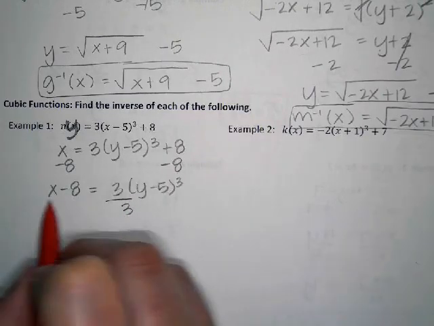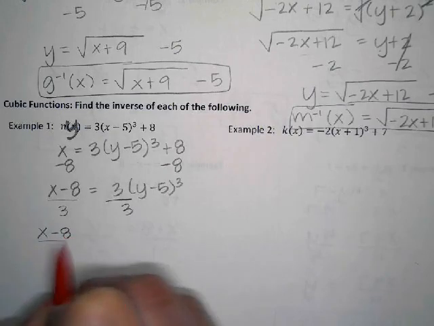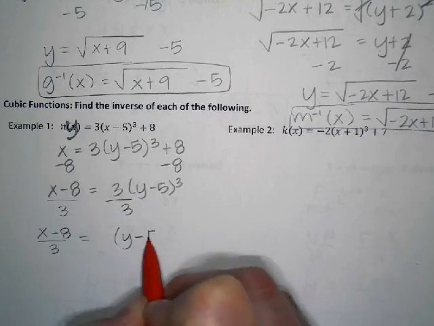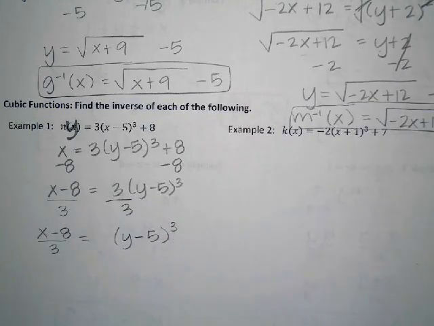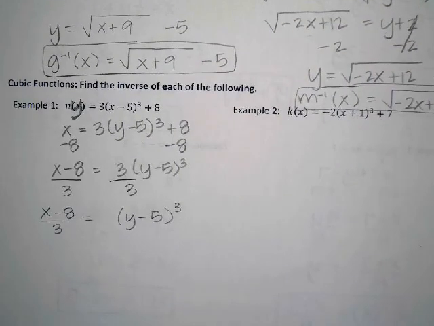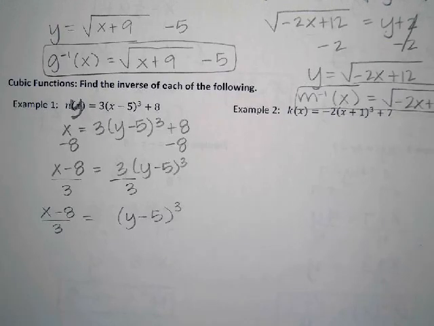Now here's the part that is different. So instead of getting rid of an exponent of 2, we're getting rid of an exponent of 3. How do we get rid of an exponent of 3? Anyone remember what it's called? Cube root.